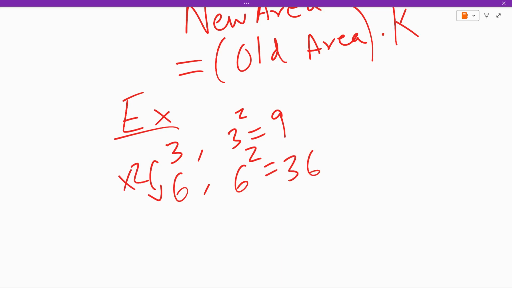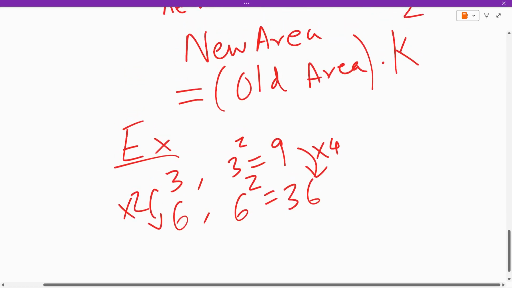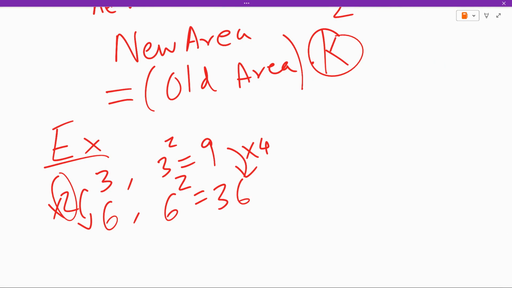Notice we doubled the side length, but the area increased by 4 times, since 36 is 4 times 9. That's because our scale factor was 2, and the new area is the old area times the scale factor squared, which is 4. That's why the new area is 4 times the old one.